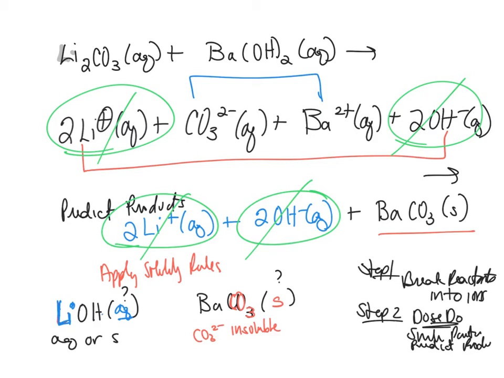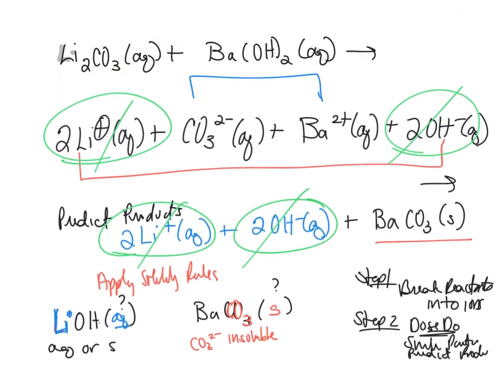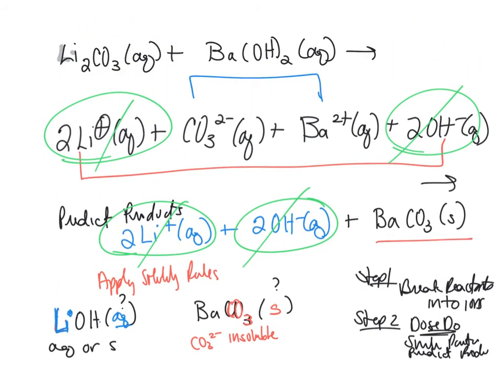But we're just going to go ahead and take it to the next step and write our net ionic equation. You use these two here that come together to make your solid.